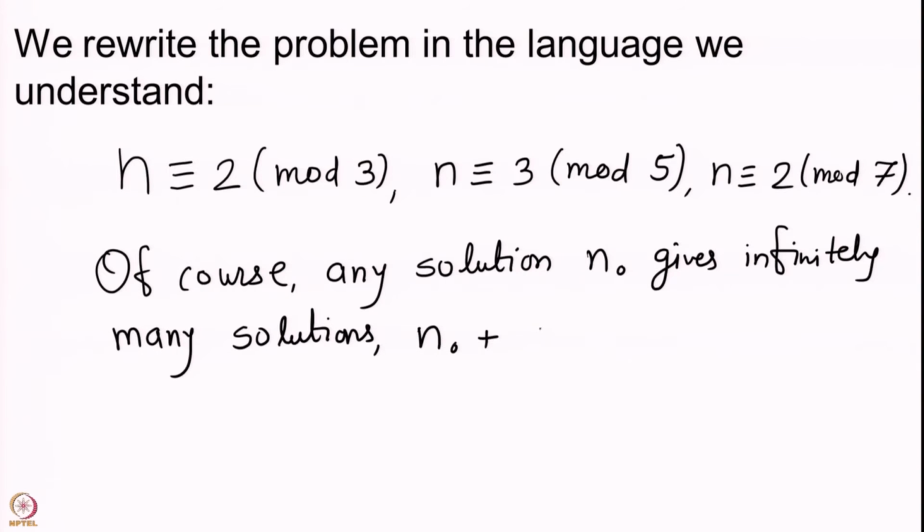We just take the product of 3 and 5, which is 15, and multiply it by 7 to get 105. So, the moment you have a solution n naught, adding any multiple of 105 will give you a solution, because n naught and any multiple of 105 are going to be congruent modulo 105.